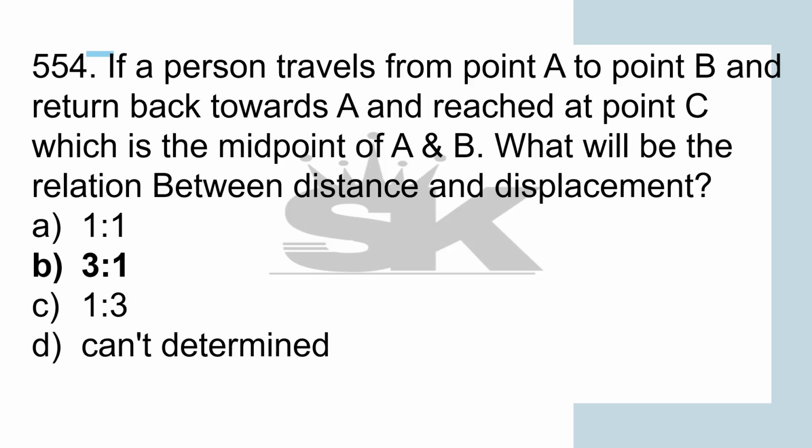Because let's say from point A to point B, C is the point between A and B, right? So one person travels from A to B, then C. Let's say this is 1 meter, this is 1 meter.